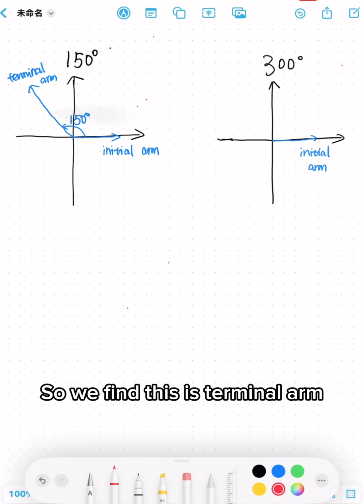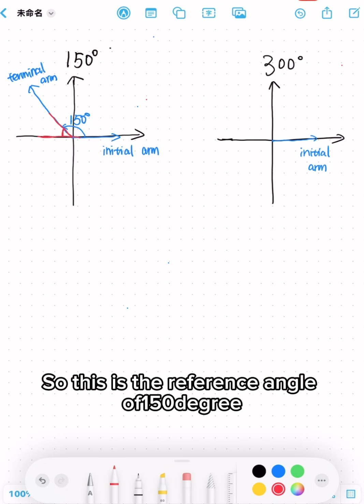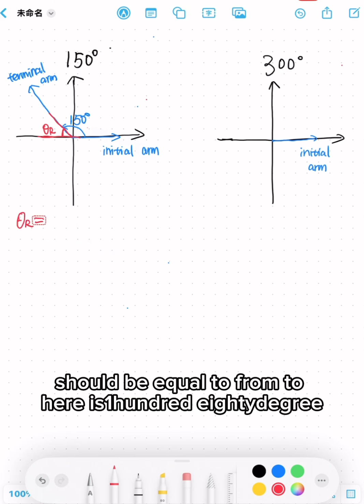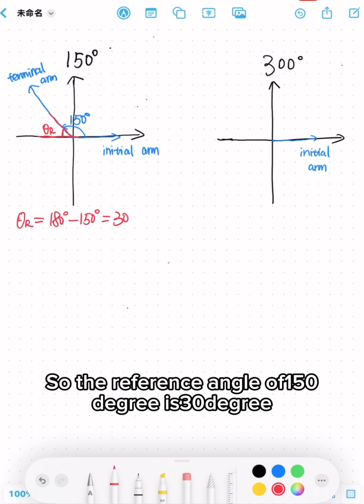This is the terminal arm, and this is the x-axis, and the small acute angle is the reference angle of 150 degrees. So we can calculate theta in this case: from here to here is 180 degrees, and 180 minus 150 degrees is 30 degrees. So the reference angle of 150 degrees is 30 degrees.